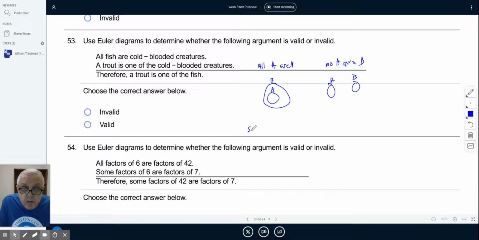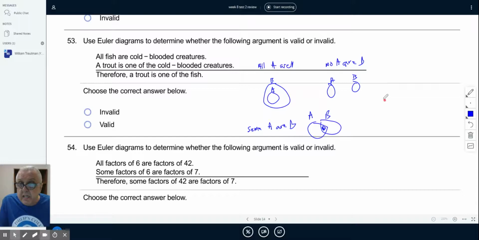Then Euler came up with some A's are in B. And he wrote it like this. Here's A. Wait, hang on. It's got to let me write it. There we go. Here's B. Do you see some of A are inside B? And he pointed to this little section.